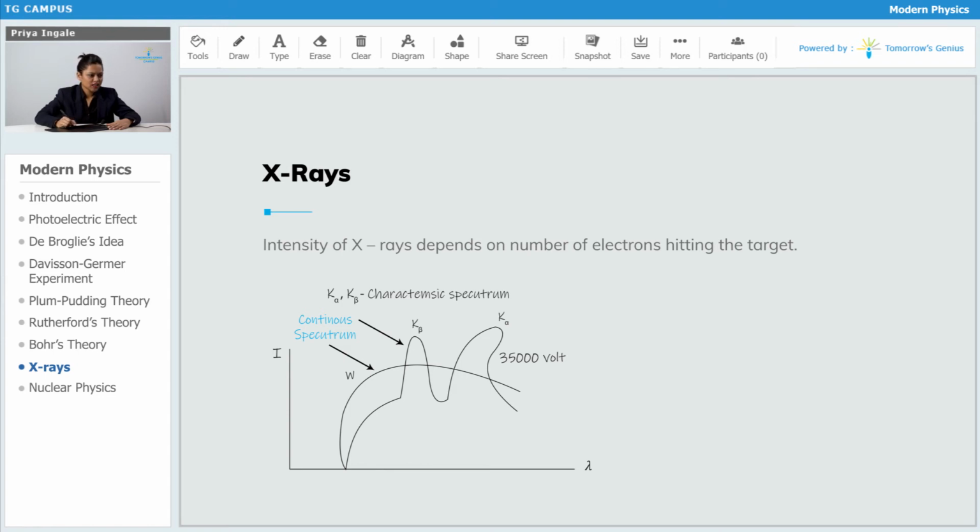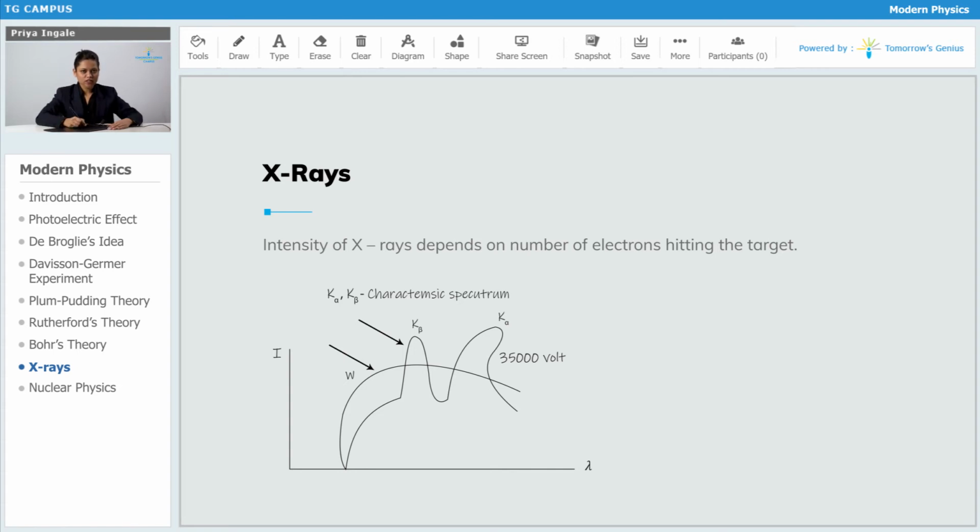And then these are the characteristics written as K beta and K alpha, and you can see in K alpha intensity is higher, and comparatively in K beta intensity is lower. So this intensity depends on the number of electrons hitting the target. Again, there is a difference between continuous spectrum and characteristic spectrum as well. I will let you know what that difference is.